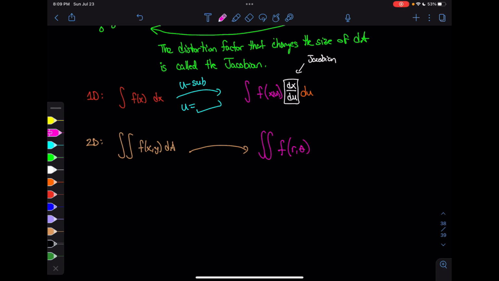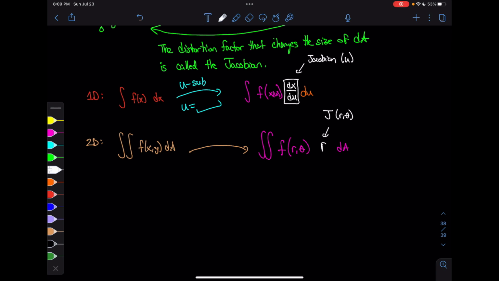We still had a dA, but what price did we pay? What was that distortion factor? Well, the distortion factor was this r term right here. This was our Jacobian, a Jacobian based on r and theta. The earlier Jacobian was just based on u.